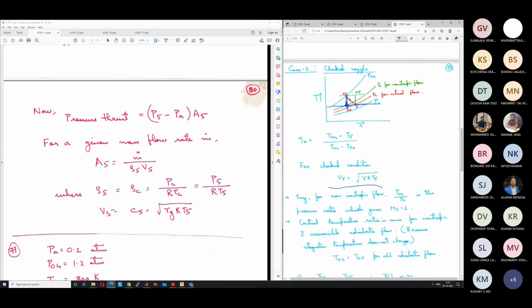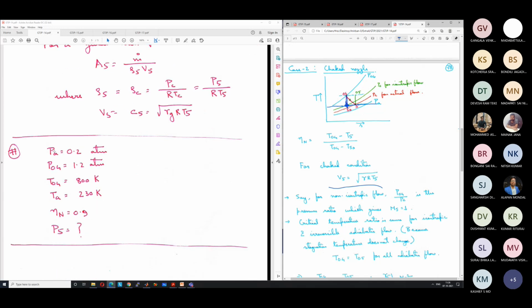Density is P by RT using ideal gas law. So at choked condition, density is P5 by RT5. So P5 we have already found, T5 we have already found. We can find V5. Okay. So ultimately from here we will find A5 and then the pressure thrust. So if you add the pressure and momentum thrust, you get the total thrust.